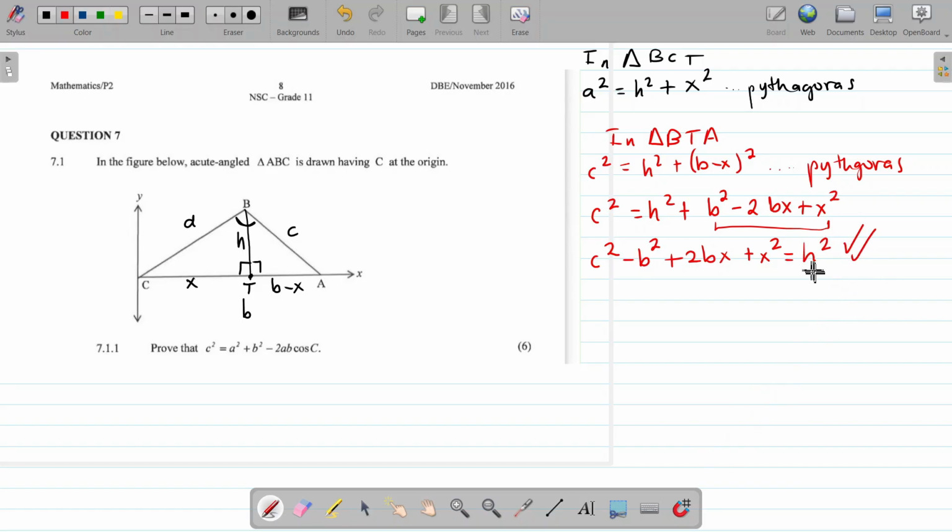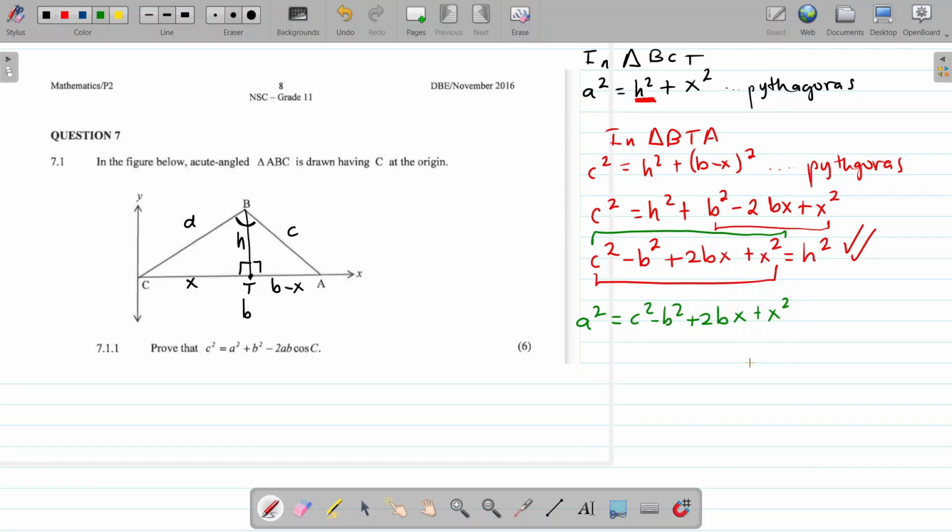And then I'm going to take the same h squared, but now represented by this, and I'm going to substitute it in this equation over here. So it's going to be a squared equals, instead of h squared, I'm going to put the entirety of the c squared minus b squared plus 2bx plus x squared.